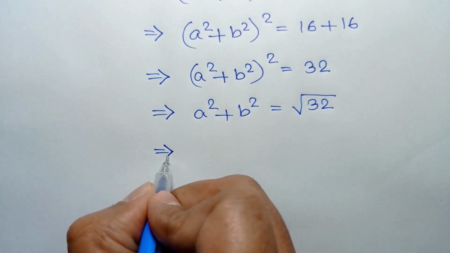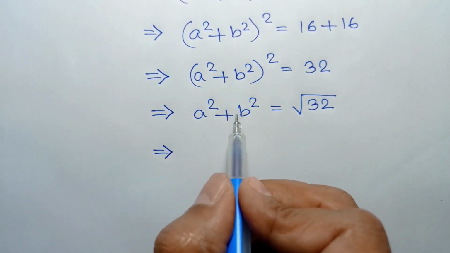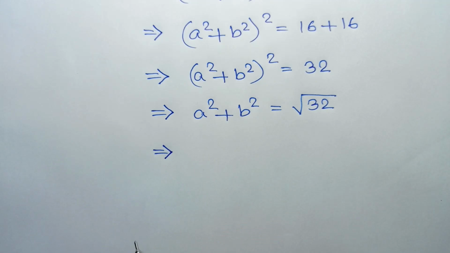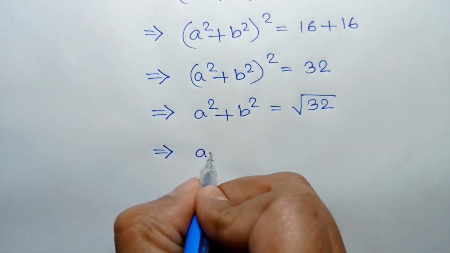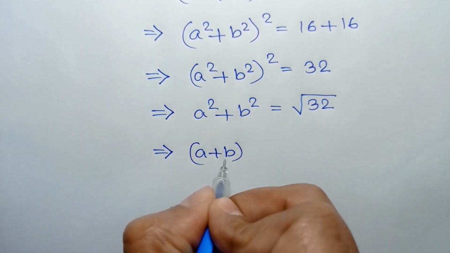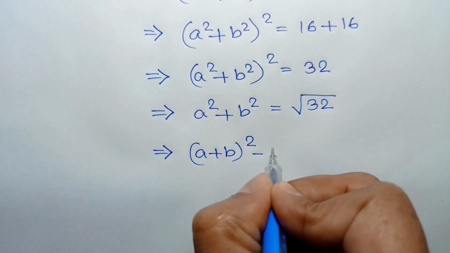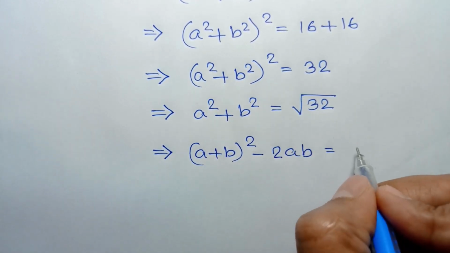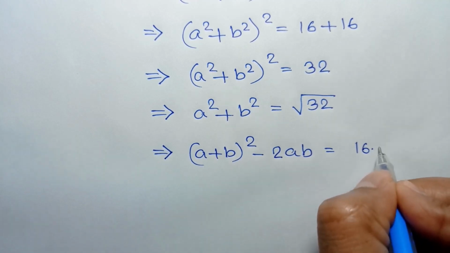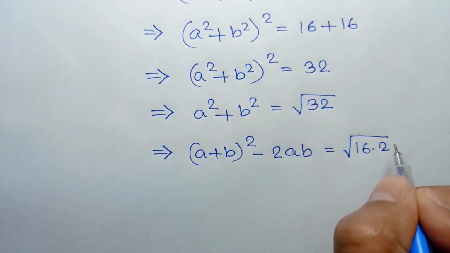or applying the formula a square plus b square is equal to (a plus b) whole square minus twice ab, we can write it as (a plus b) whole square minus twice ab is equal to square root of 32, which is square root of 16 times 2.